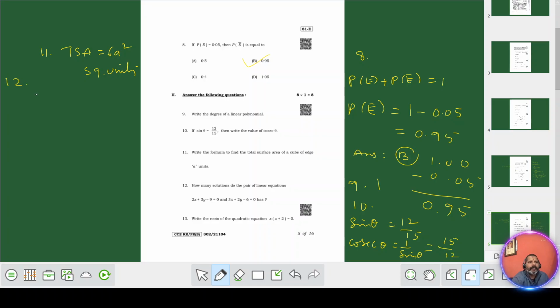Please go through that for the questions whichever I said are repeated ones. This is also a repeated one. Here one solution will come, because 2 by 3 and 3 by 2 are not equal.